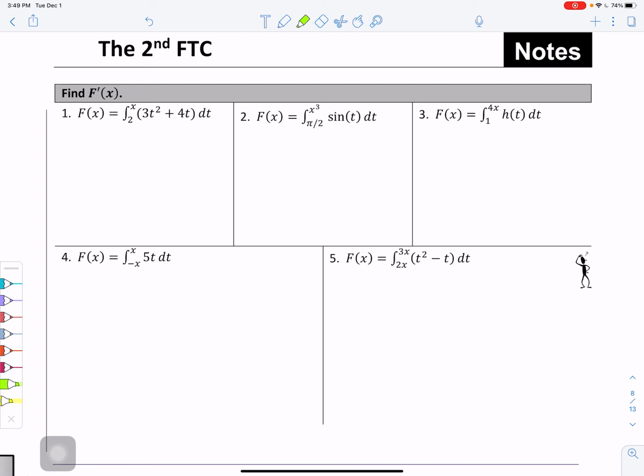So what do we have to do? Is the lower limit of integration a constant? Yes. The upper limit of integration is just x, so we're in great shape. So when we take the derivative of f, all we do is plug an x in everywhere there's a t. That's it. I know that may seem a little bit silly, but that's it.